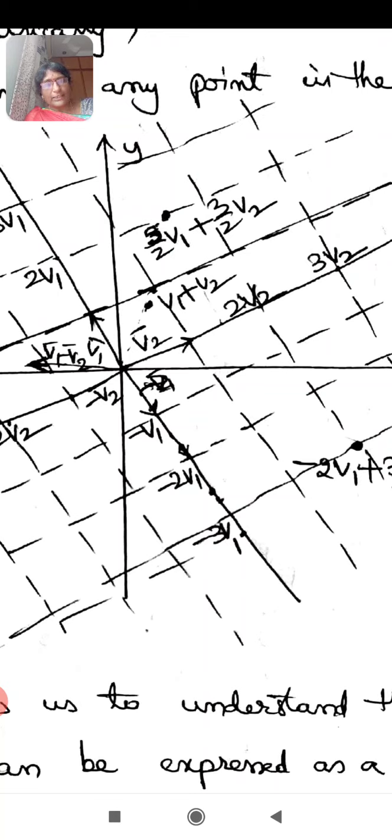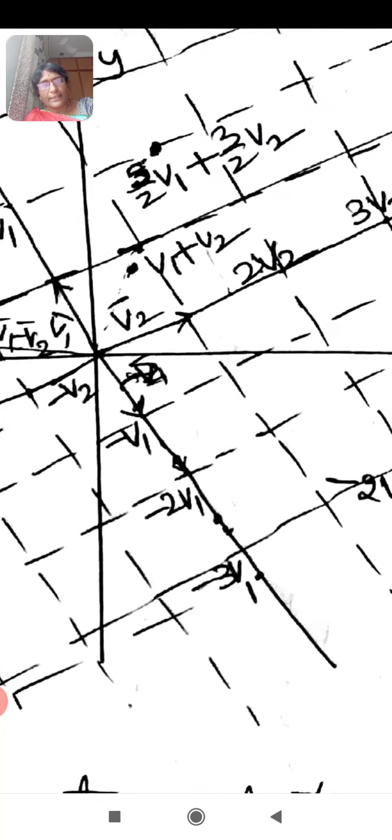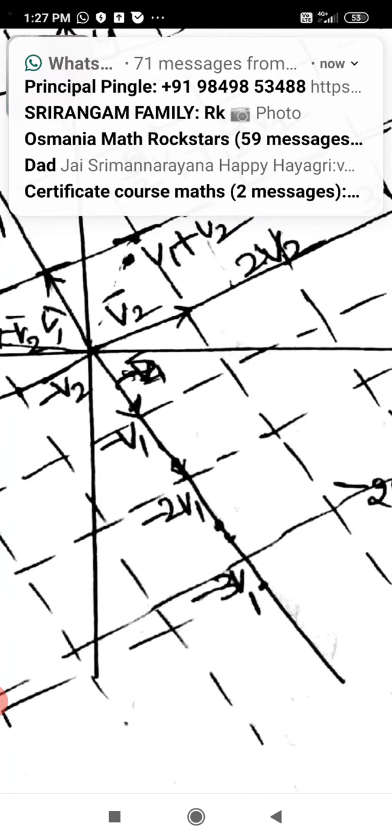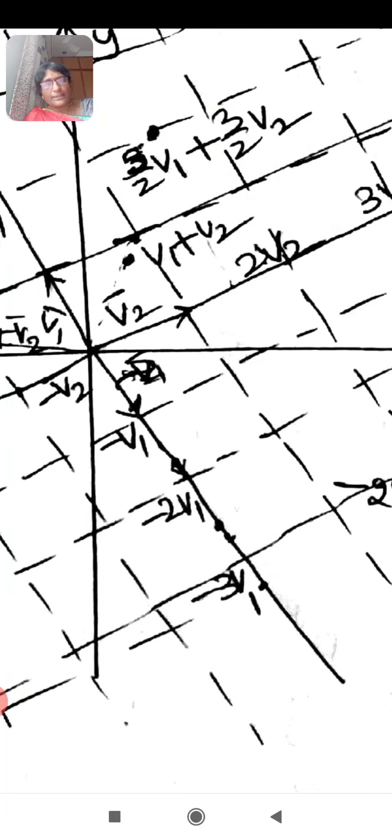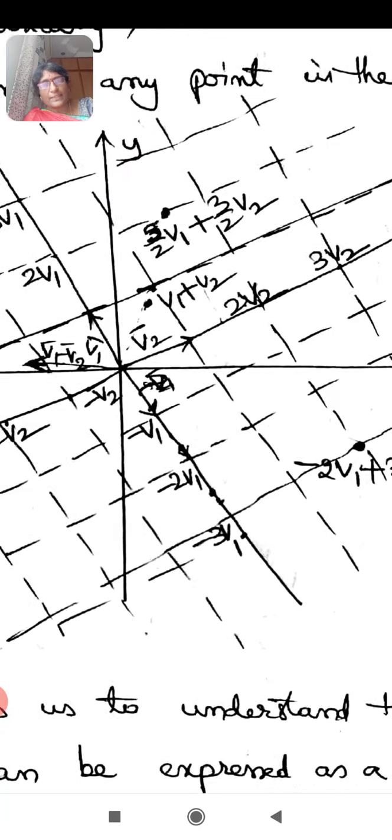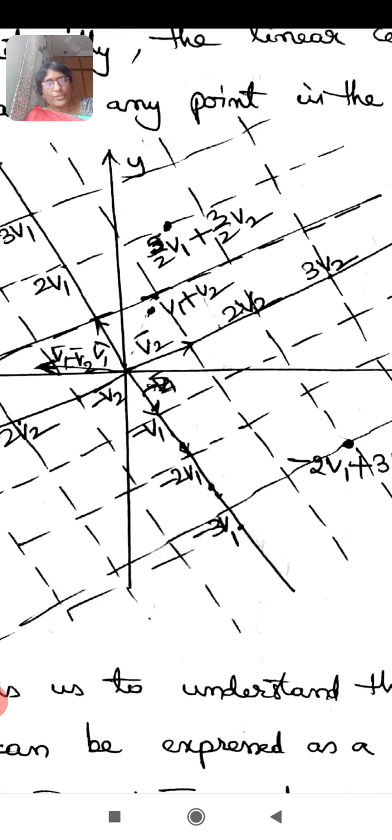Not only the intersecting points, in fact we can generalize and extend the idea and say that each and every point in this xy plane represents some linear combination of the vectors v1 bar and v2 bar. And this is true vice versa also.